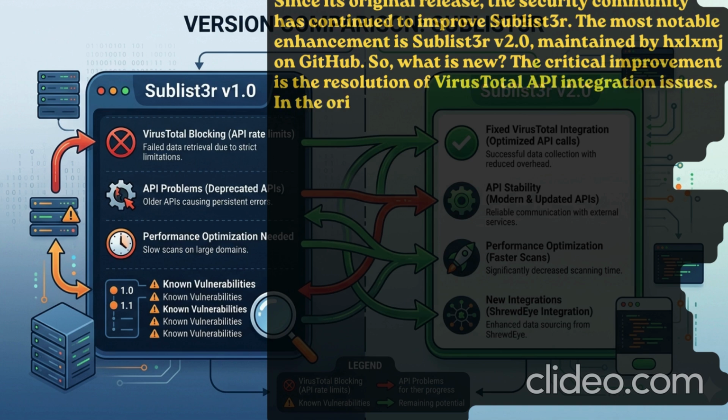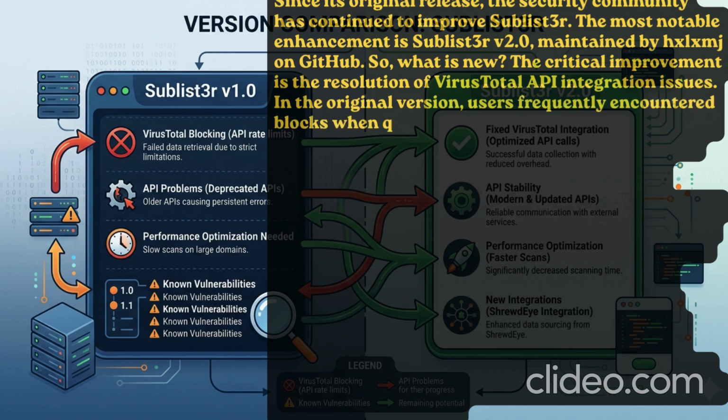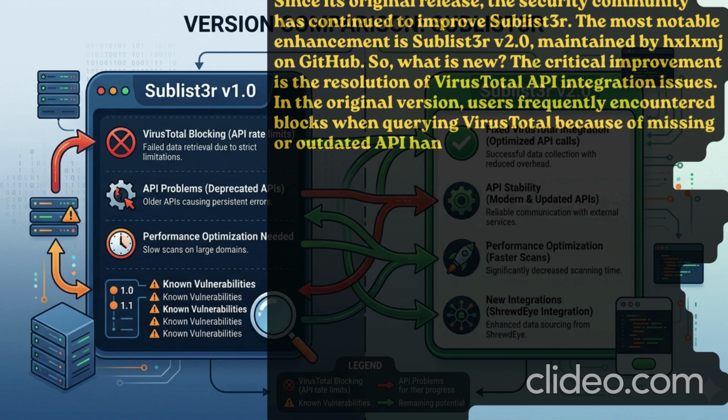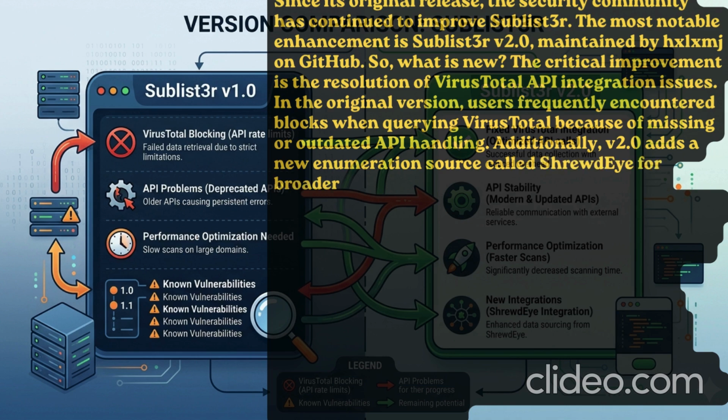In the original version, users frequently encountered blocks when querying VirusTotal because of missing or outdated API handling. Additionally, version 2.0 adds a new enumeration source called ThreatCrowd for broader subdomain enumeration.